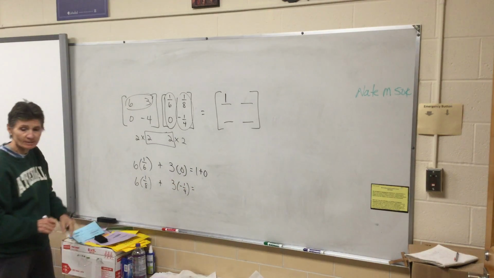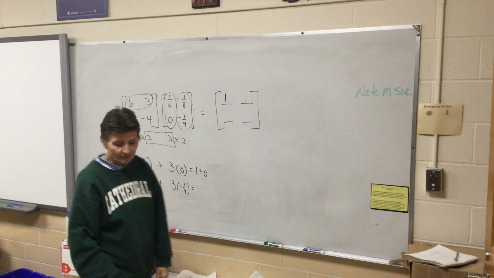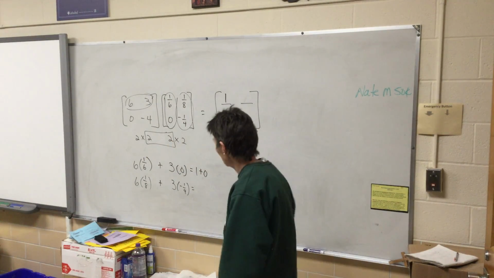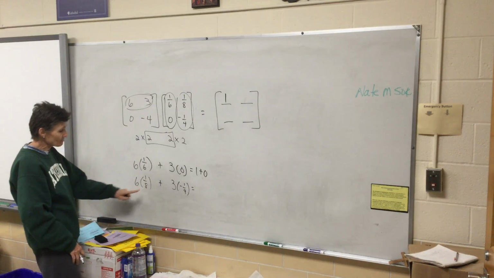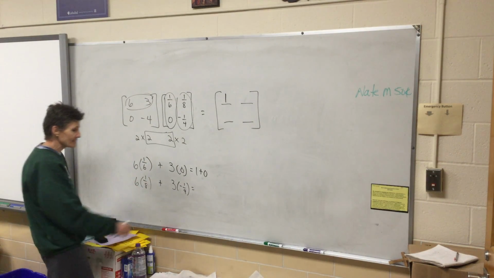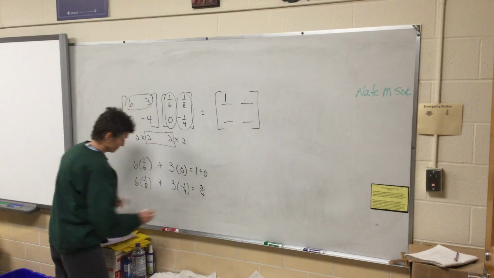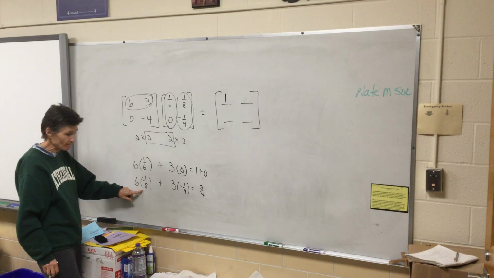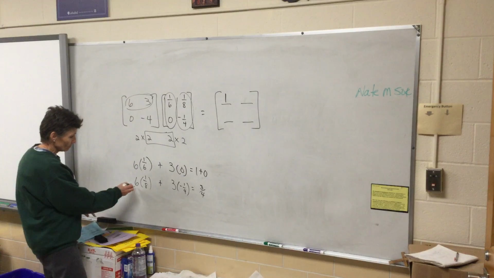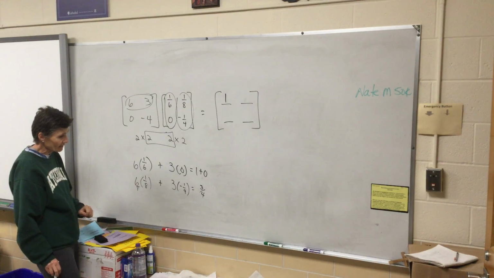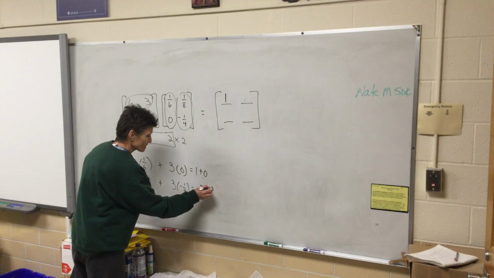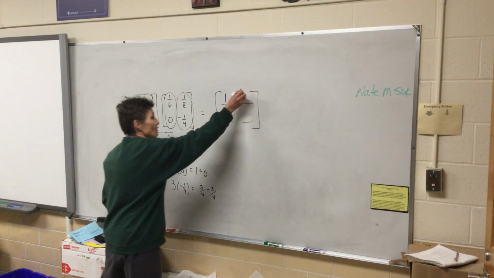Now the fractions are just a fact of life with inverses. It's a little bit annoying, but isn't 6 times 1/8, isn't that 3/4? 6 over 1, 1 over 8, 6/8 minus 3/4. So that one's a 0.